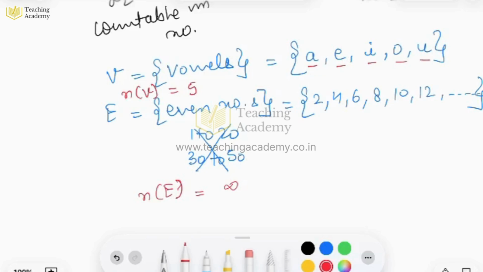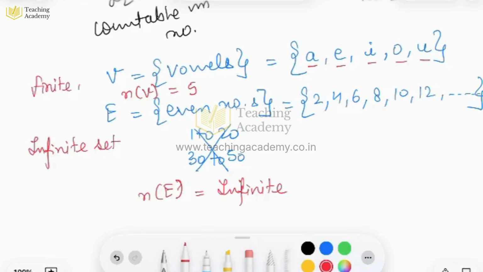This is the sign of infinity. These are infinite in number. Or if you don't want to write the sign, just directly write infinite. So this is an example of an infinite set, and this is an example of a finite set because we can count that.